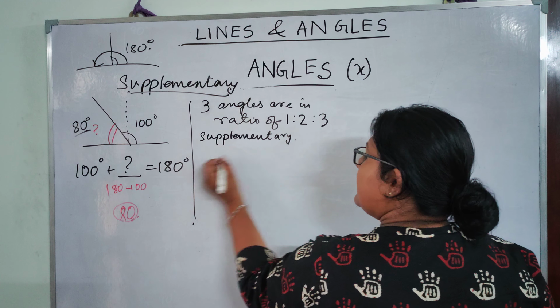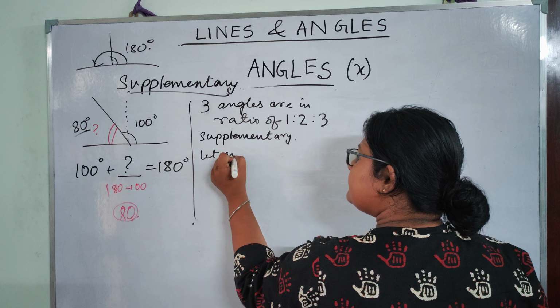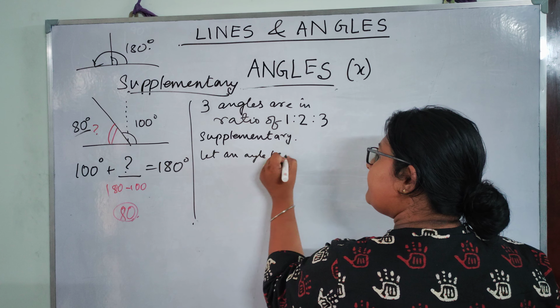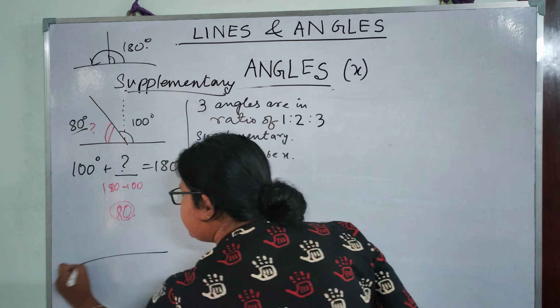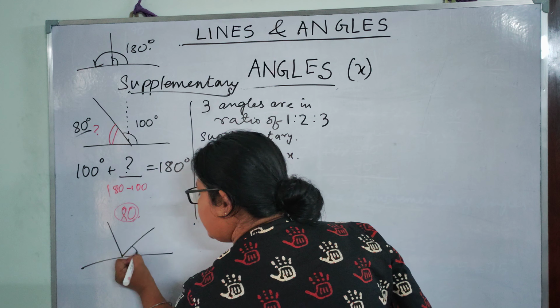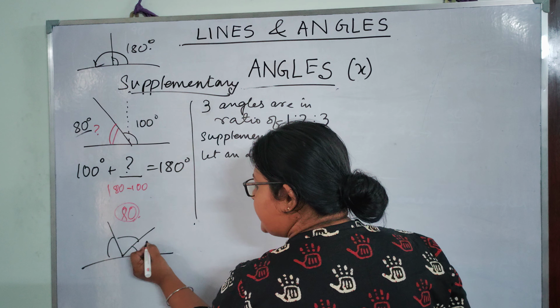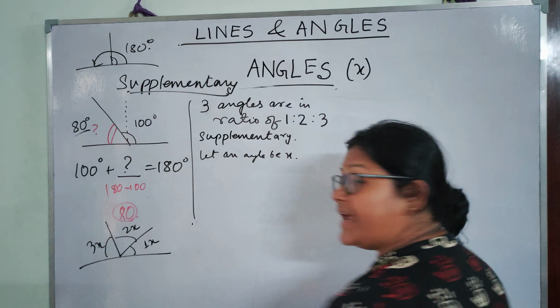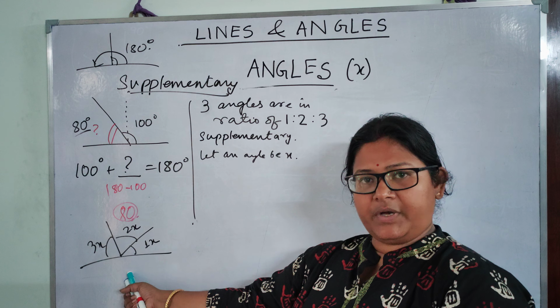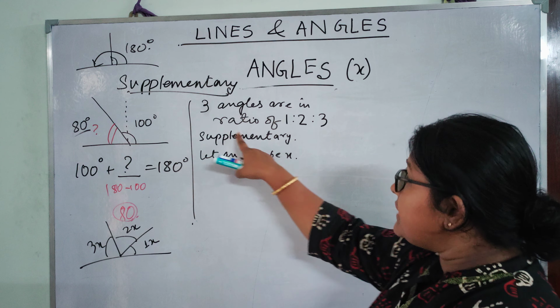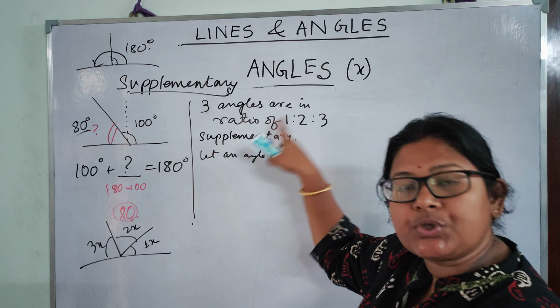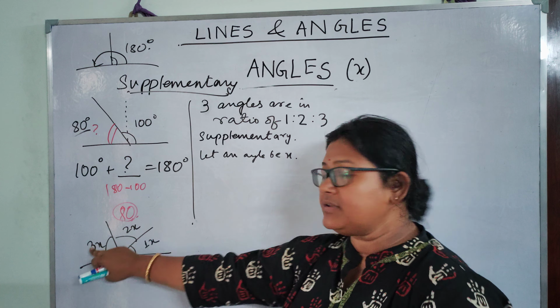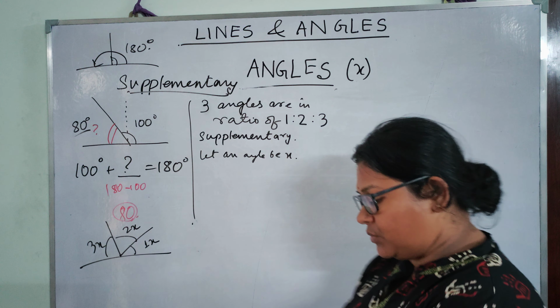Well, let an angle be x. Now what do you mean by this? It means there are three angles whose ratio is 1x, 2x and 3x. Okay, this is the diagram which is being mentioned in this line 1:2:3. So I can write it in this format. Now what do I know?